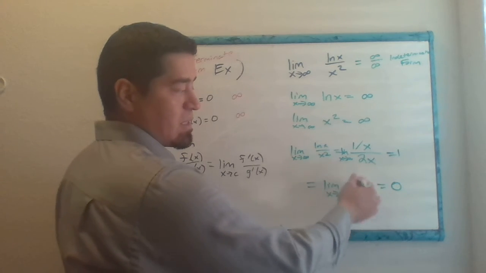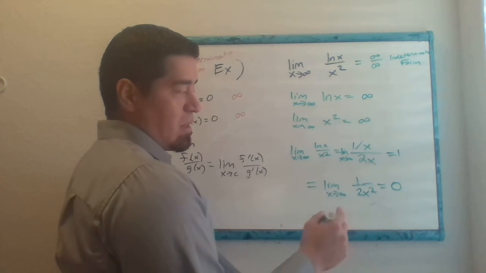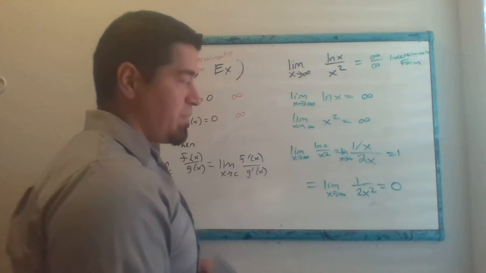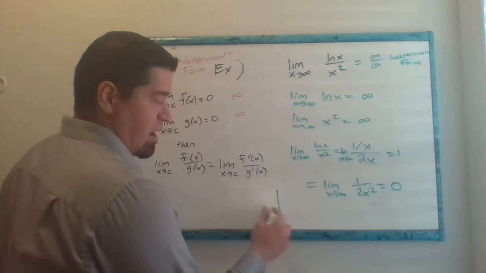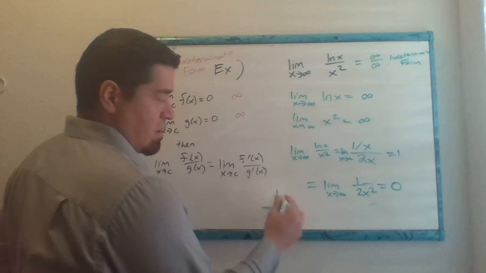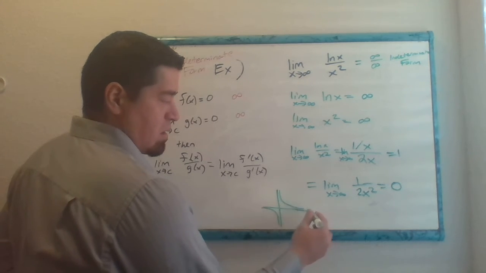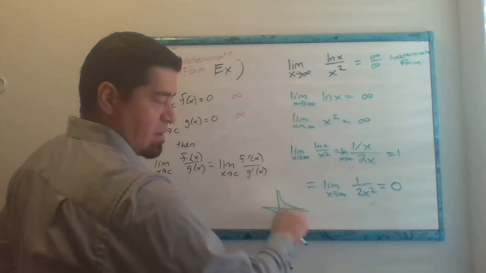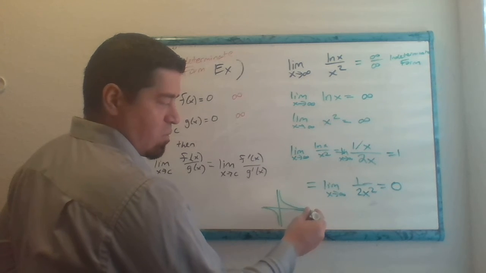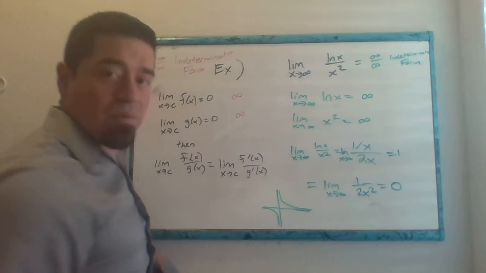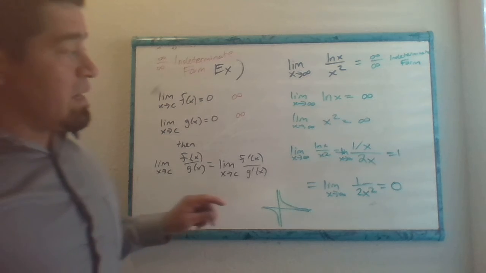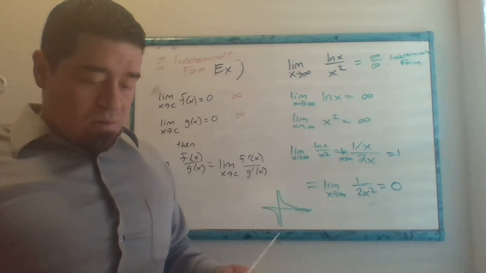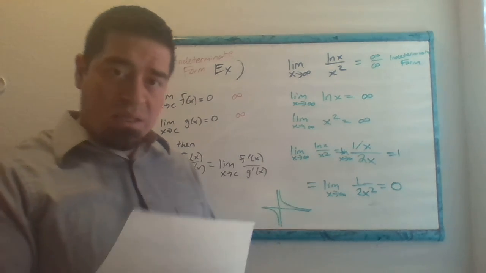If you graph this, you'll see that as you go towards infinity, your y coordinates get closer and closer to 0. Okay, but that's using L'Hopital's rule, and that's it for that section.